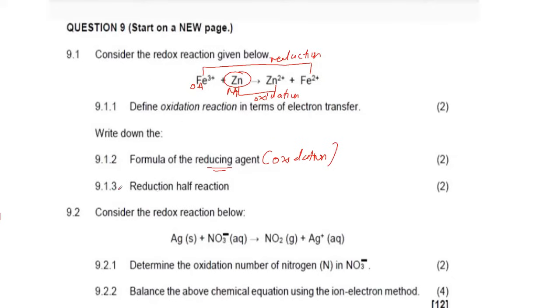Then 9.1.3 says reduction half reaction. In the reduction half reaction, we're going to write the one that is undergoing reduction, right? So note there's a difference between the formula of the reducing agent and when they are looking for the reduction half reaction. If they're looking for the reduction half reaction, you simply focus on the one that is undergoing reduction there.